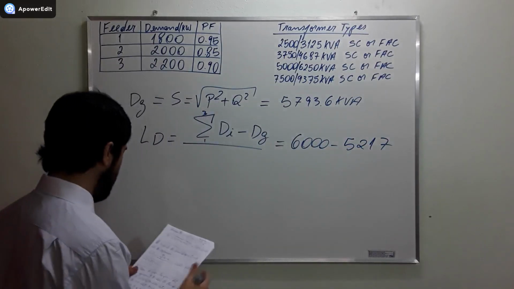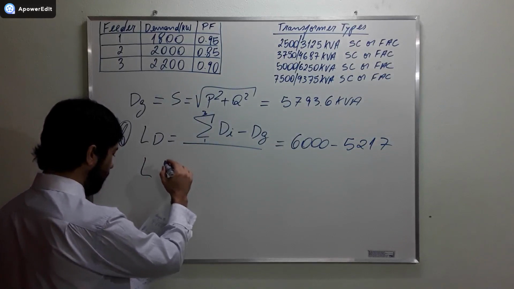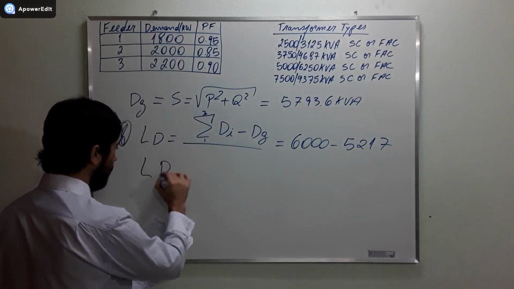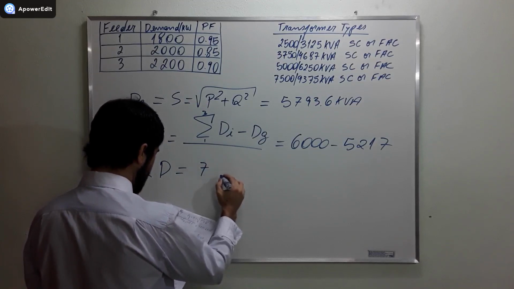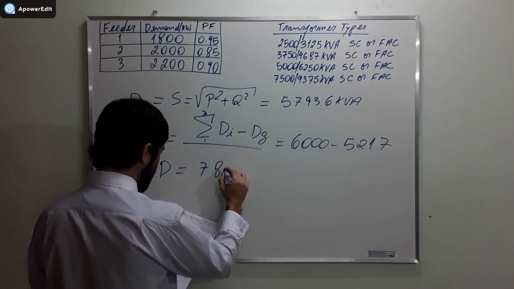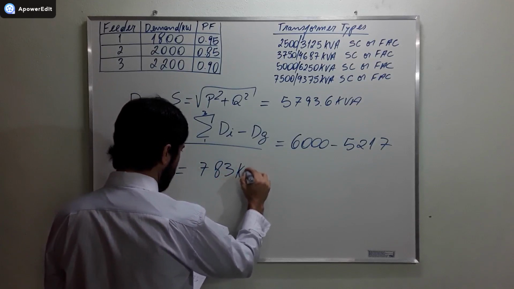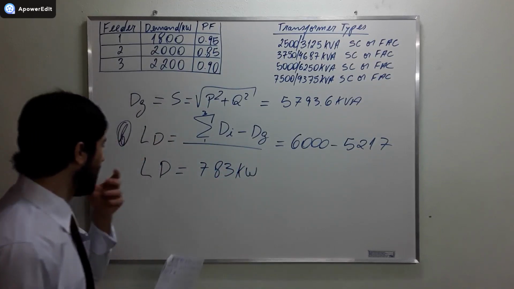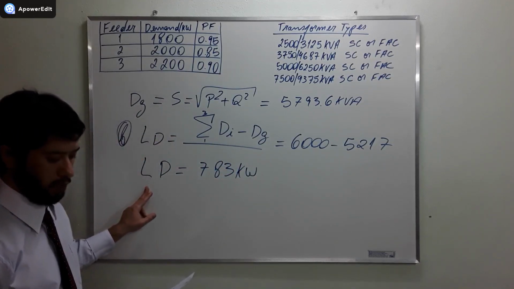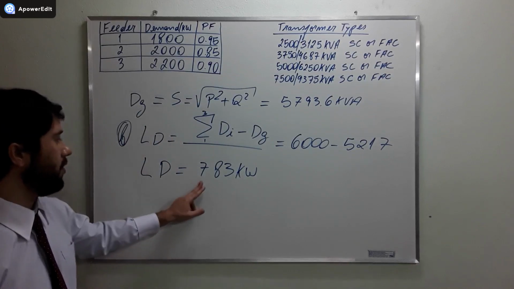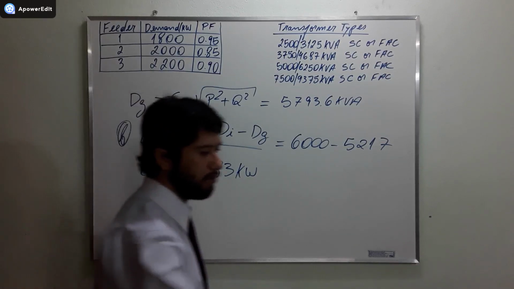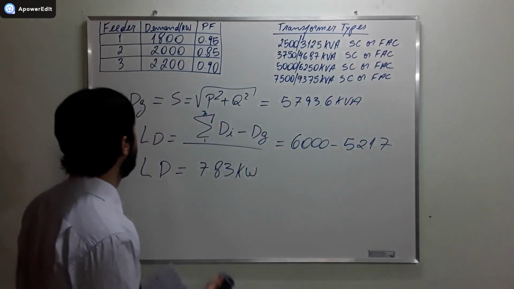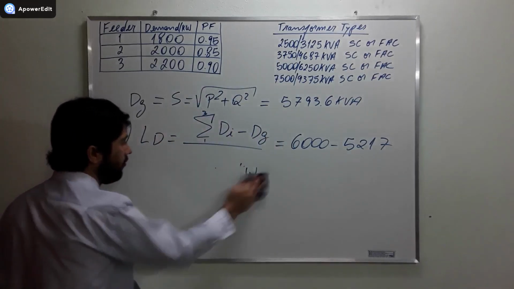And LD, load diversity, is equal to 783 kilowatts. So the load diversity is 783 kilowatts. All right, let's continue with the exercise.